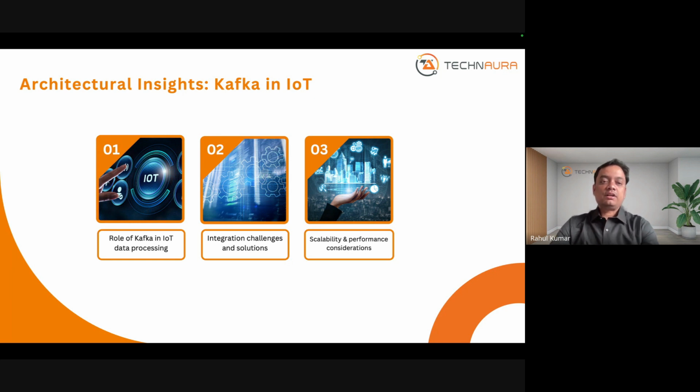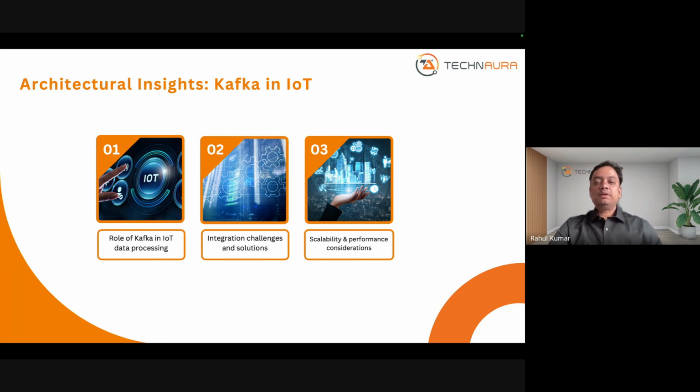So it is important to understand the role of Kafka in data processing and how the data processing works. Then we have integration challenges that we keep facing day to day in integrating Kafka with IoT, or IoT with Kafka, so it works both ways.